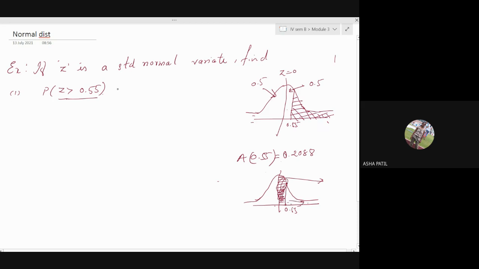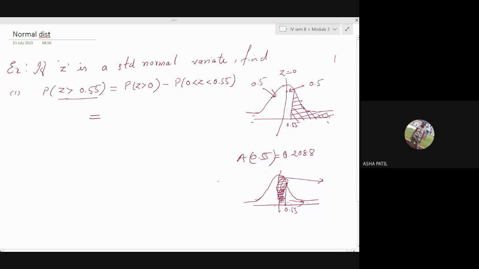So what we write here is probability that Z is greater than 0.55, means it is probability that Z is greater than 0, that is the totally right side, minus probability that 0 less than Z less than 0.55. Are you getting, students? Did you understand? Yes, ma'am. Okay.